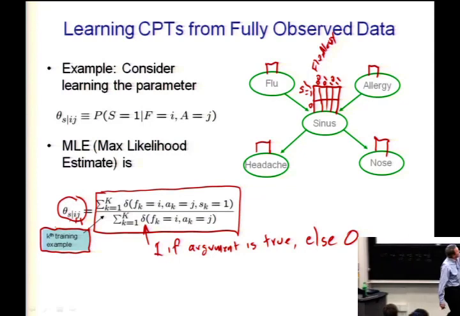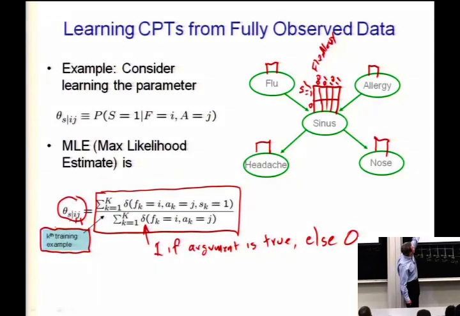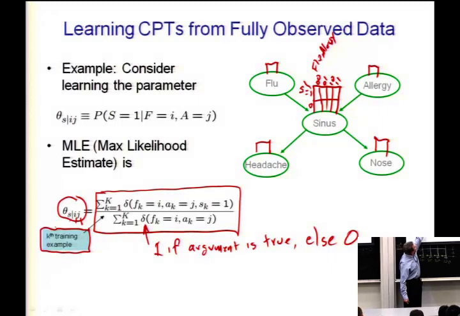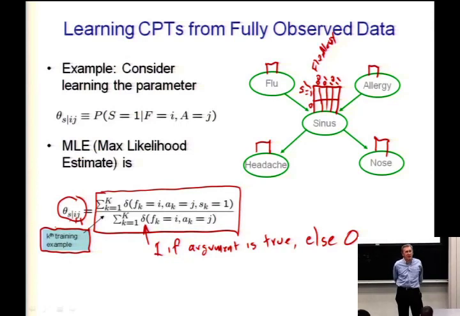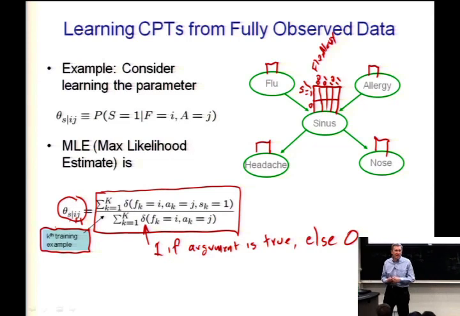So basically this is just counting the ratio of training examples for which, in the denominator, F and A take on the values I and J. And the numerator is the examples where that's true, and of course also S takes on the value 1. So it's just the proportion of relevant examples for which S equals 1. Our standard maximum likelihood estimate.